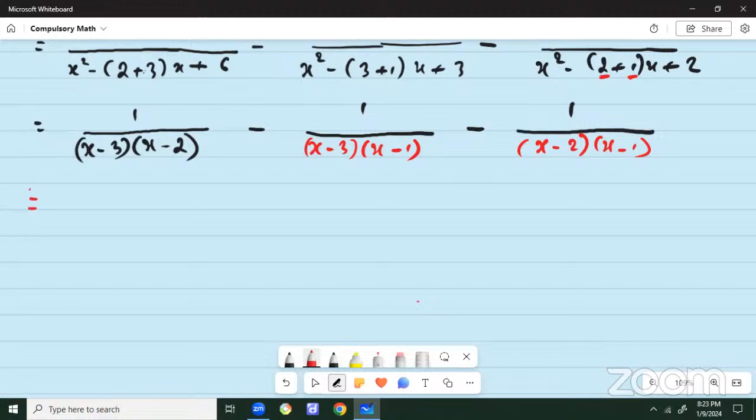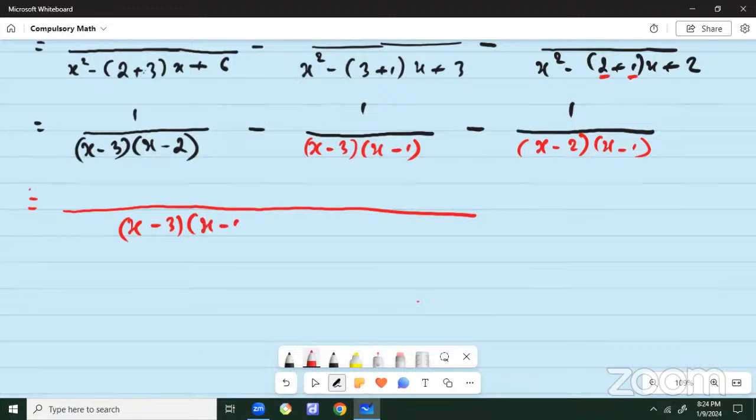Can we do anything here in the denominator? We can't do anything. So let's take all three together because it's a very simple problem. Otherwise, we could have taken two at a time. But here we can take all three fractions and get the LCM.